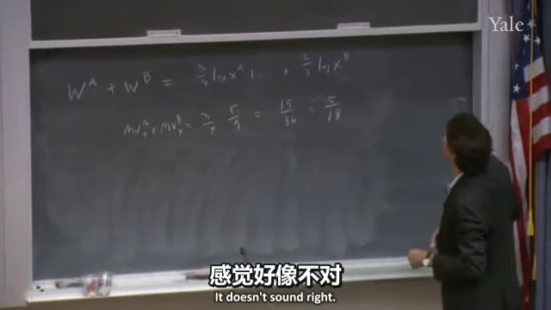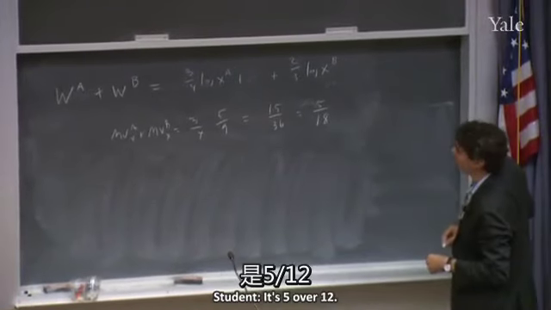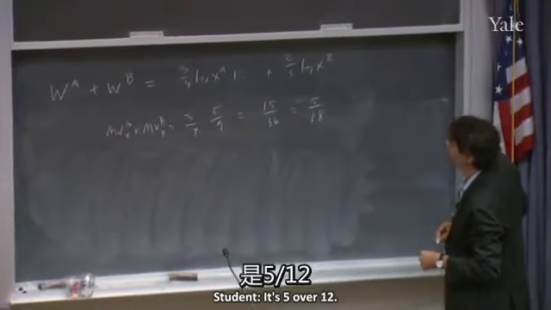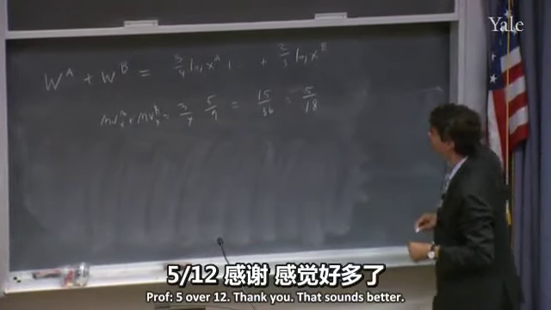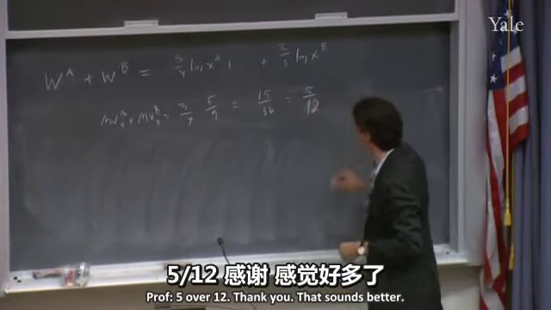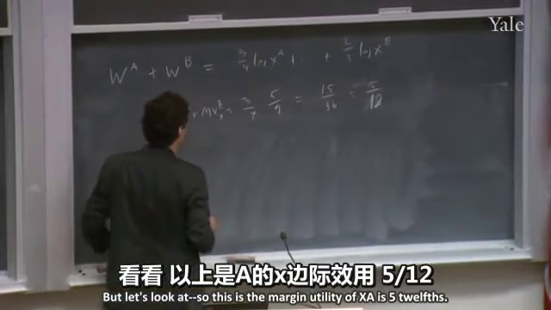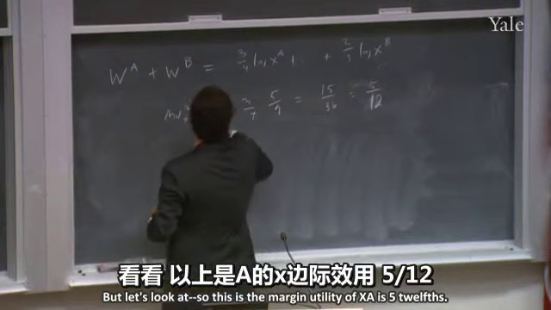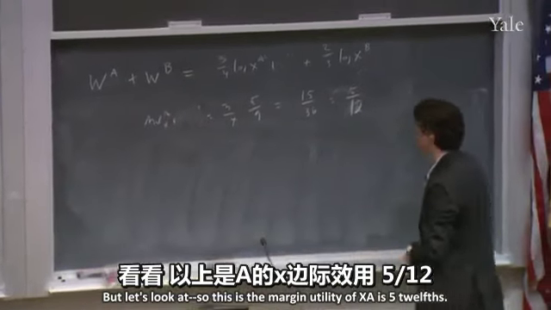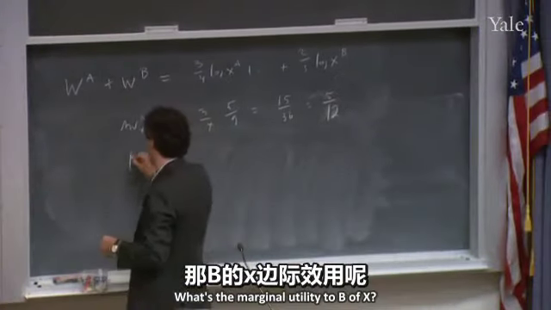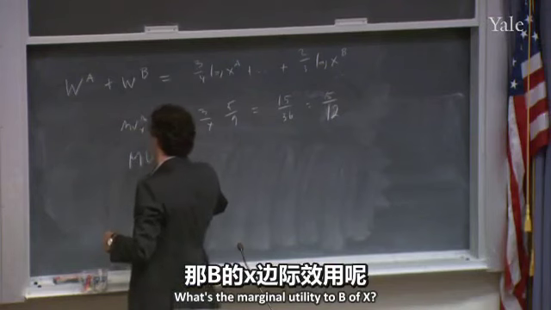Doesn't sound right. 5/12, thank you. That sounds better. And now, so this is the marginal utility of X to A, which is 5/12. What's the marginal utility to B of x?